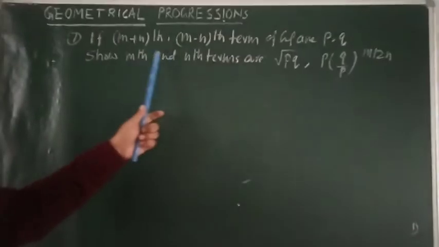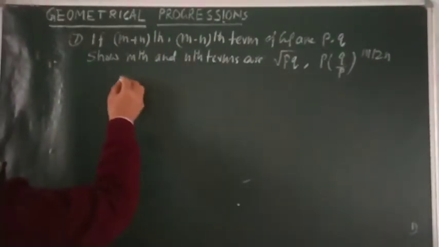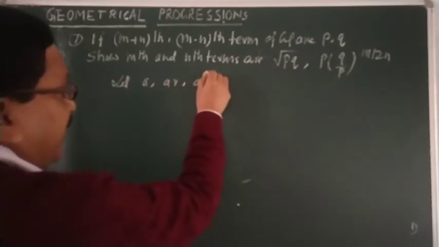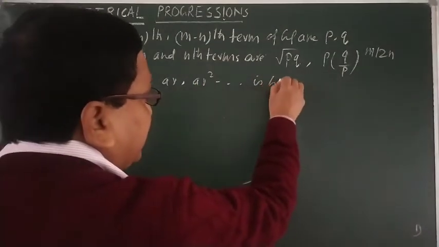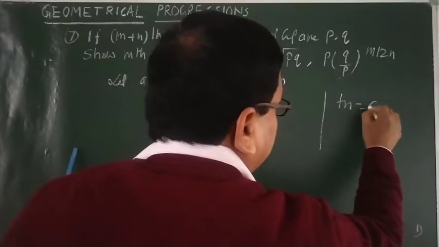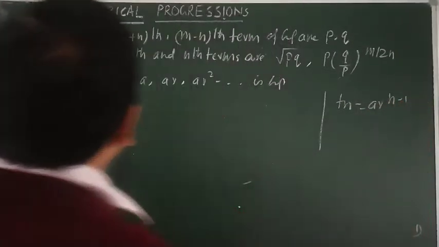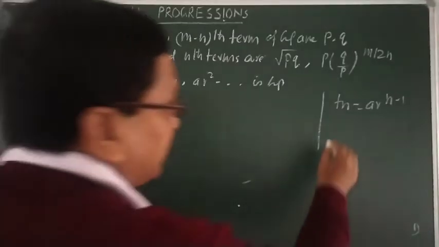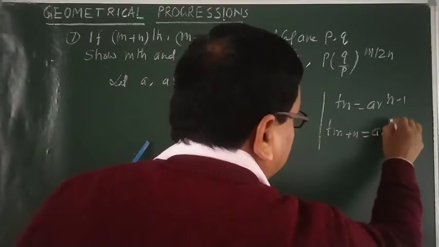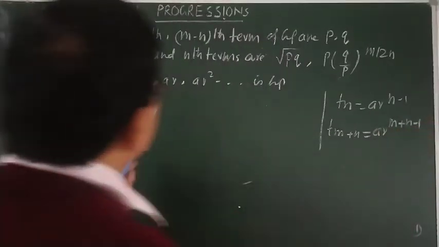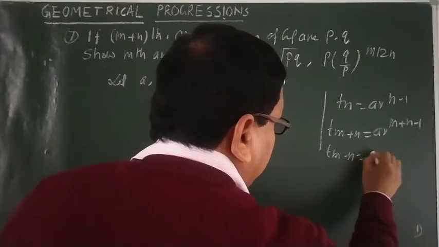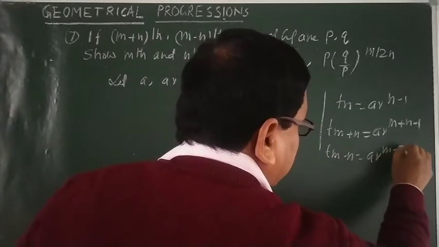Now see this problem, let the GP be A, AR, AR square, and we already know that Tn is equal to AR^(n-1). So the (m plus n)th term T(m+n) is equal to AR^(m+n-1) and T(m-n) is AR^(m-n-1).